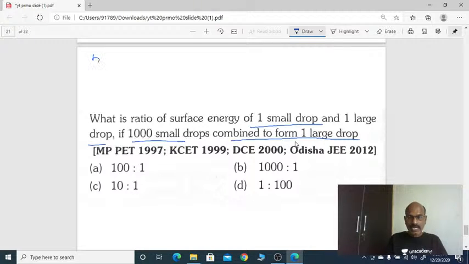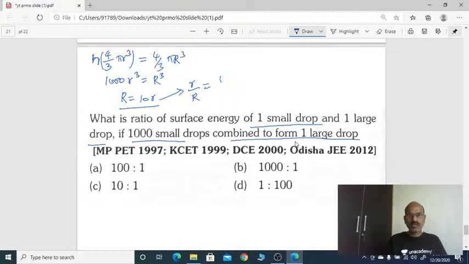Then equate it: n times 4 by 3 pi r cube, n number of volume of smaller drops, is equal to volume of bigger drop. So we know that here 1000 small r cube equals capital R cube. We did the previous problem also the same way. So from this what is R? R is, we know, 10 small r. Clear? So from this small r by capital R equals 1 by 10.